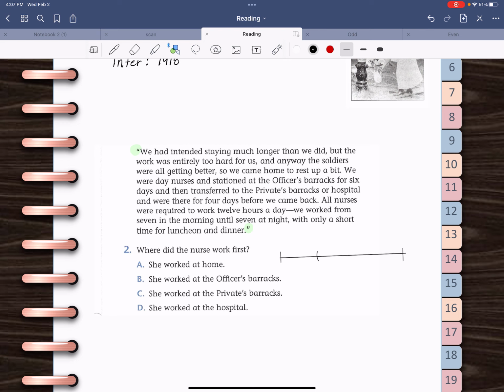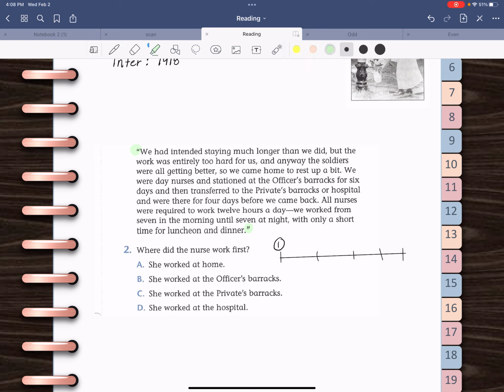I'm not going to fill this in, but it is this kind of thinking that you have to do. And we want to know where the nurse worked first. Okay. Choices are, she worked at home, she worked at the officers' barracks, she worked at the private's barracks, or she worked at the hospital.